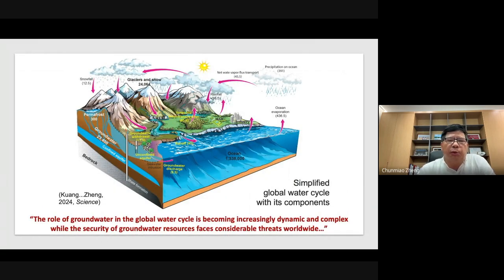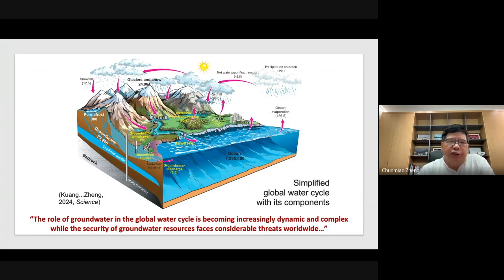And with this work, we synthesized all the recent studies on groundwater and compiled all the data and updated the global water cycle with the different components, including storage and fluxes between different components. So this is quite a significant result based on a review of all the recent work in the area.